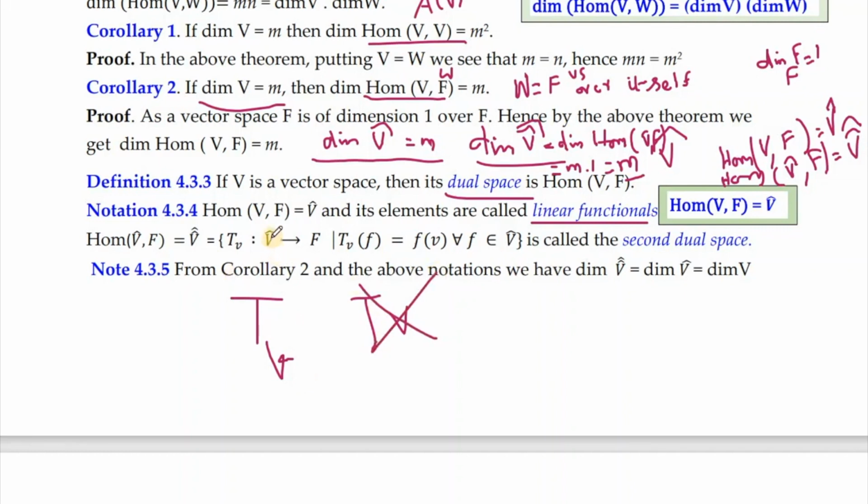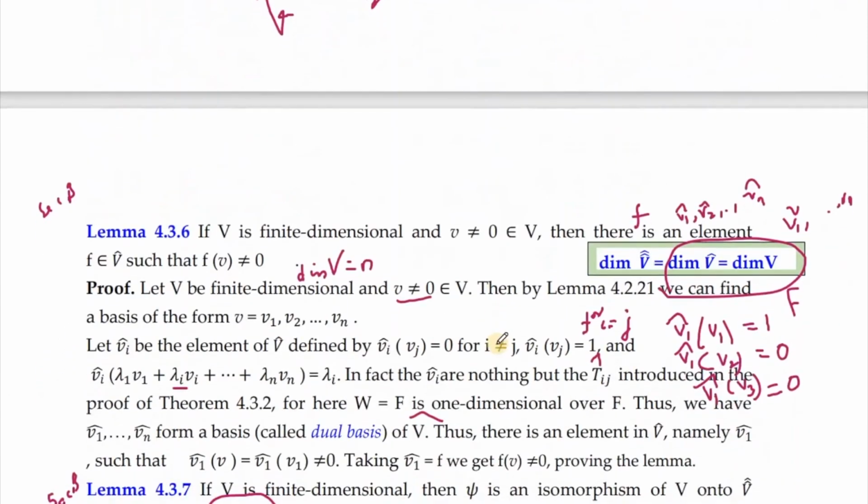It is a mapping from V cap to F. How is it defined? T suffix v of any element here is a linear functional. That's why F you have written. T_v of f is equal to f of v for every f in V cap. So this is the definition of V double cap. This is called the second dual space. You call this V cap just a dual space, not first dual space, just dual space, and this one is the second dual space. Okay, so V double cap.